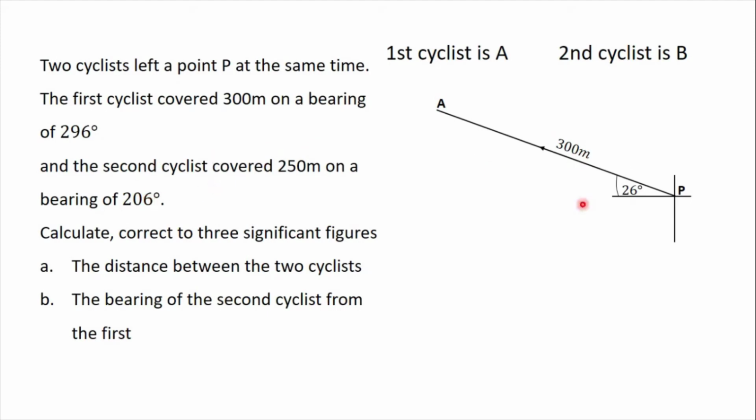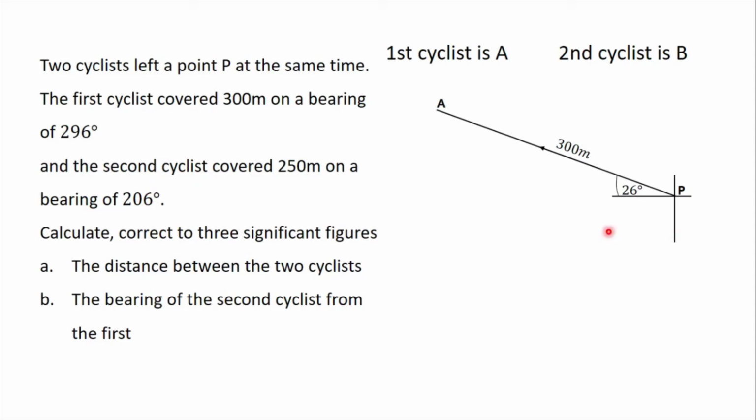The second cyclist also left P. So it means that the bearing of the second cyclist will be taken from the same point, which is P. And the bearing is 206 degrees. So you take 206 degrees from P. We know that from this side here, which is 0, up to this side is 180.